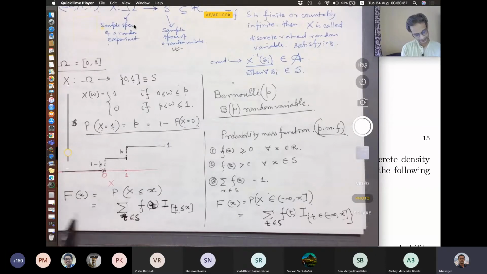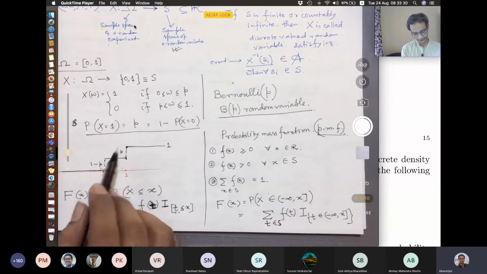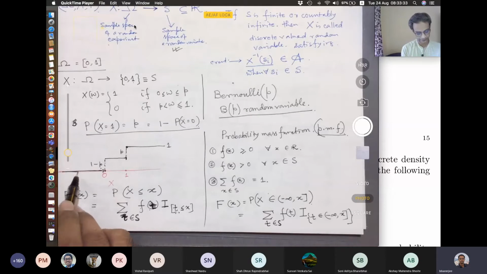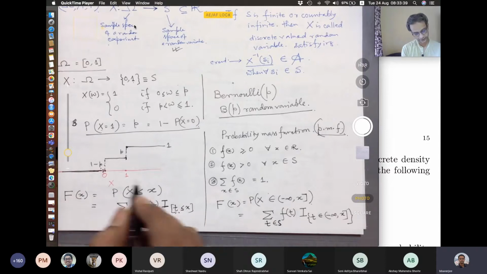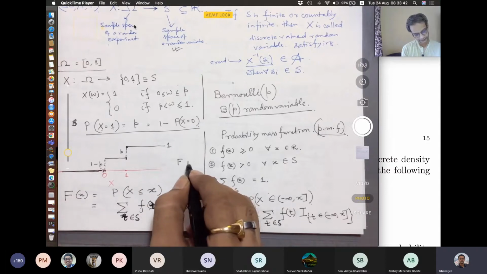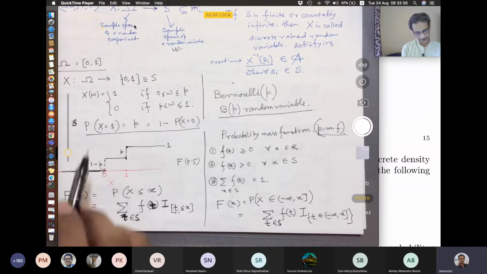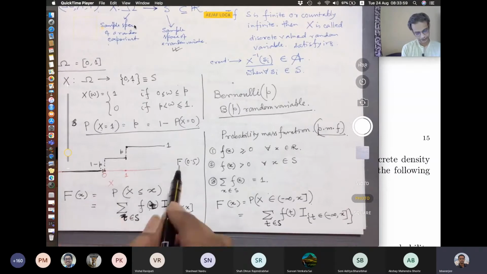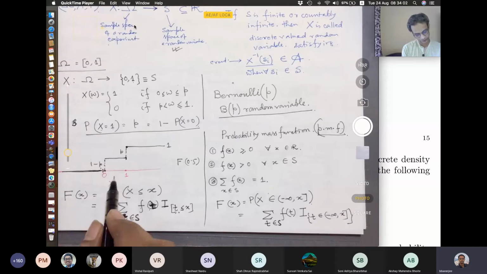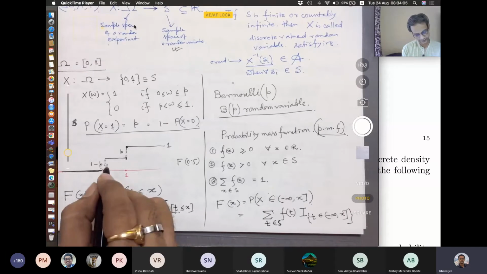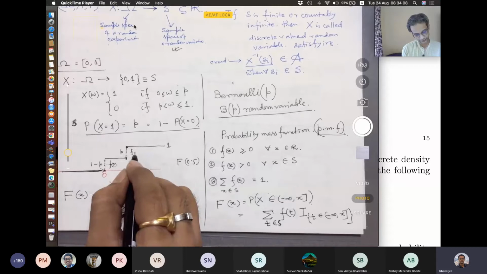So here you can see that f(t) for this function is 0. Now, for example, if you are interested in f of 0.5, from the left all are 0, then at 0 you have small f0, and this is small f1.